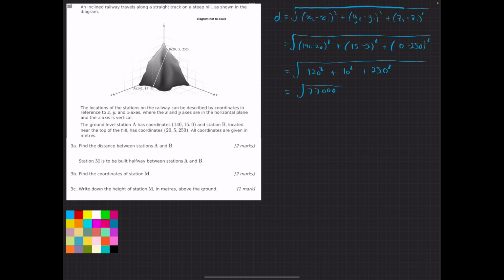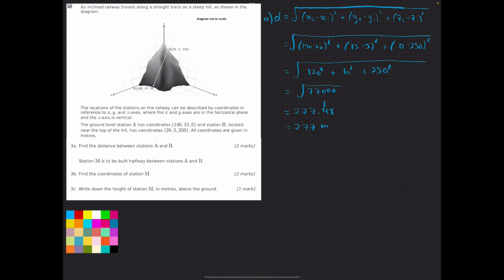Taking the square root of that gives us 277.5 meters. So what do we do with the IB in there, 3 sig figs? It's actually 277.48. Rounding it to 3 significant figures gives 277, since the next digit is less than 5. 277 meters. Okay, and that would be the end of part A.